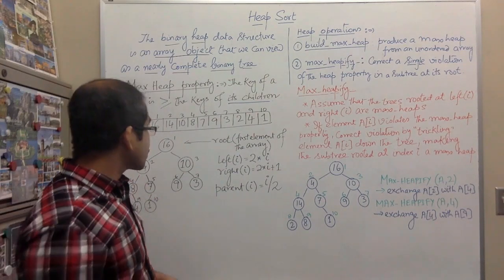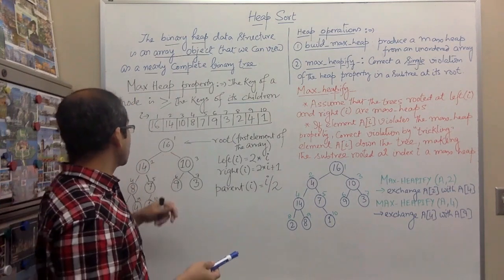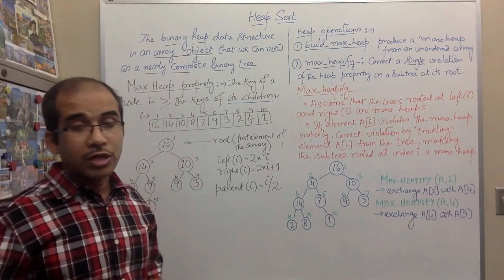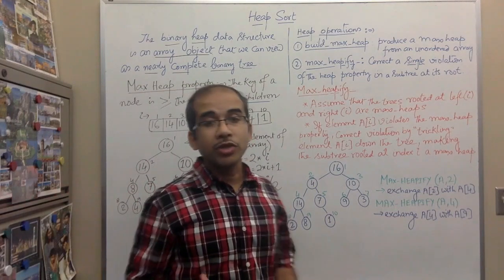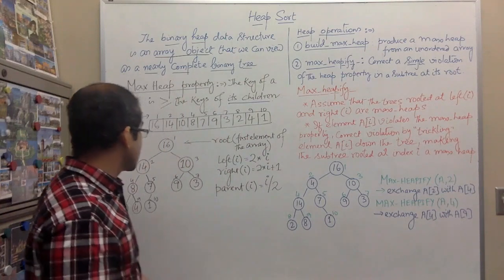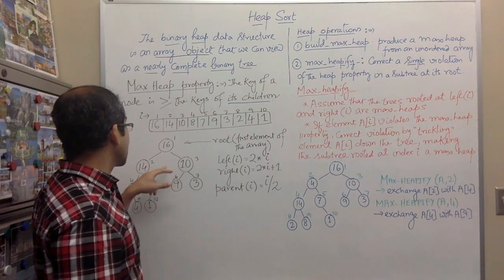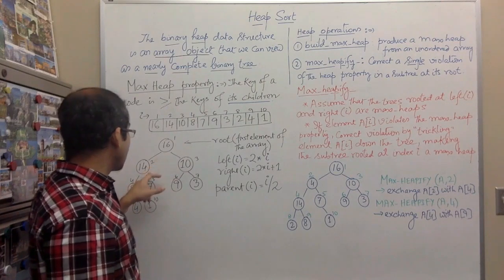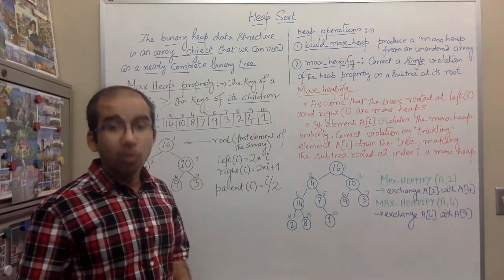If it's a min heap, then it will be opposite: the parent node's key value will be less than the two children. If you know about binary search trees, a heap is different from a binary search tree. In a binary search tree, the key value of the left child is less than that of the root, and the key value of the right child is more than that of the root.